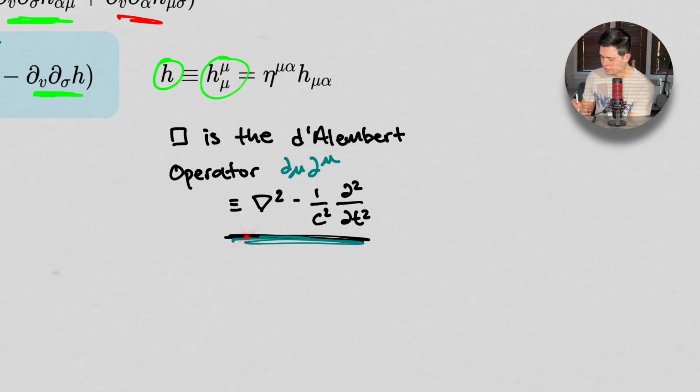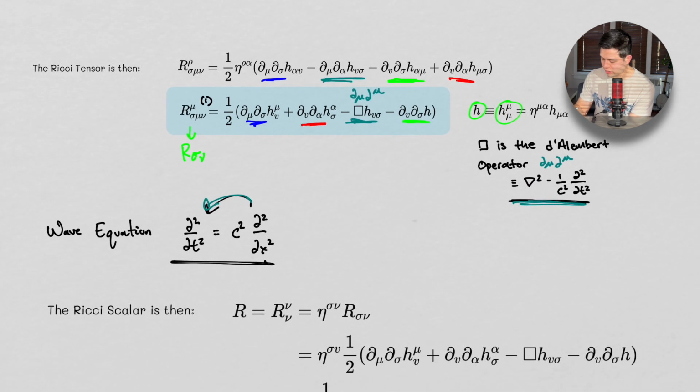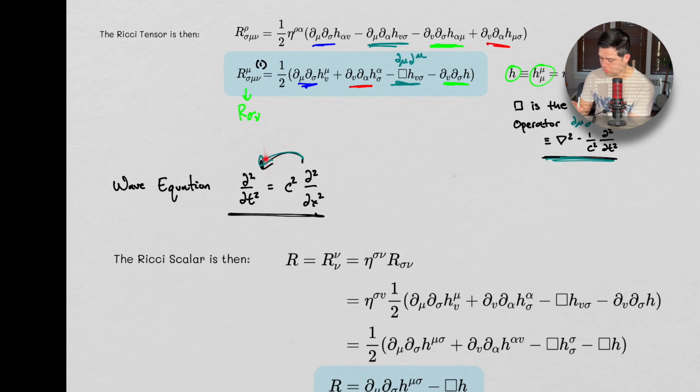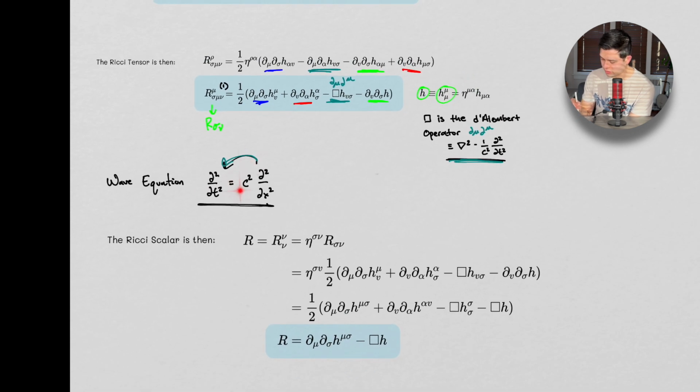And the D'Alembert is a combination of time derivatives and spatial derivatives, okay? And that's a wave equation, right? So this is a wave equation, right? Because the D'Alembert is just this side.